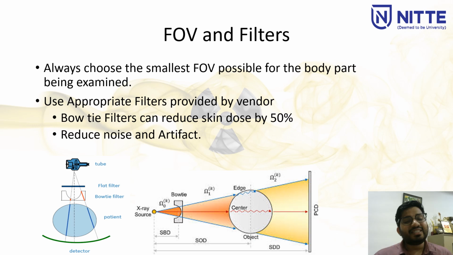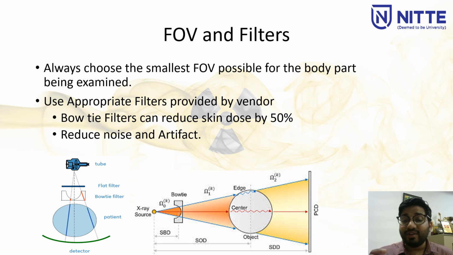You can see the shape of the bow tie filter. At the periphery it is thicker and at the center it is thinner. That is according to our body or the object, as you can see from the image. At the center, the travel for the radiation is very high, meaning a large area has to be covered, so there is a thinner filter.